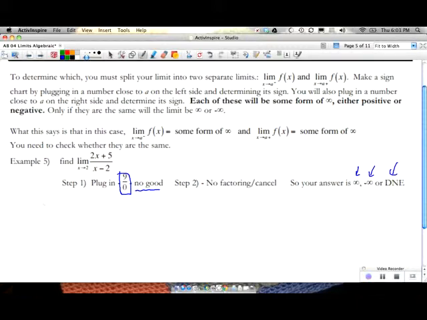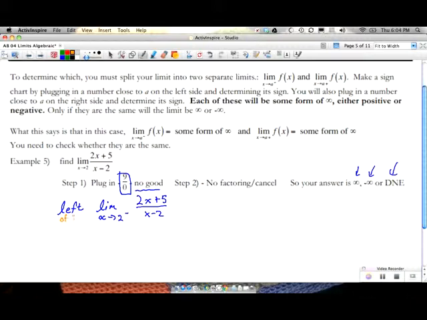Let's see what happens. Well, we got to check the left side and the right side and then see what's happening in the middle. So if I'm going from the left, that means it's the limit as x approaches 2 from the negative side of 2x plus 5 over x minus 2. Let's just imagine we have numbers to the left of 2.